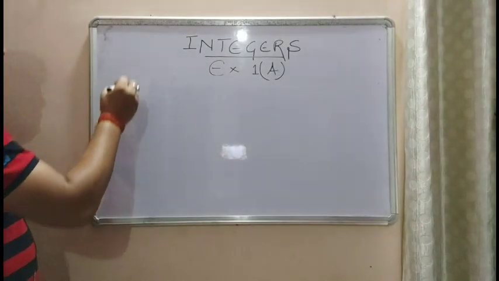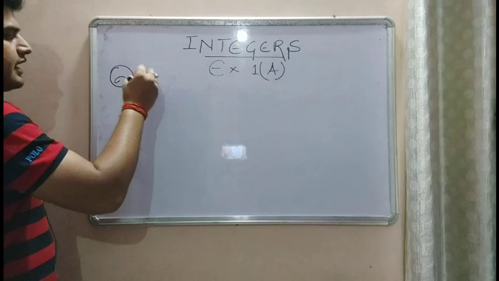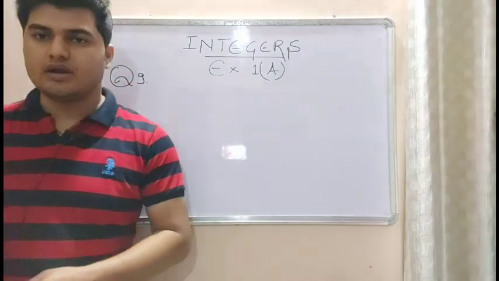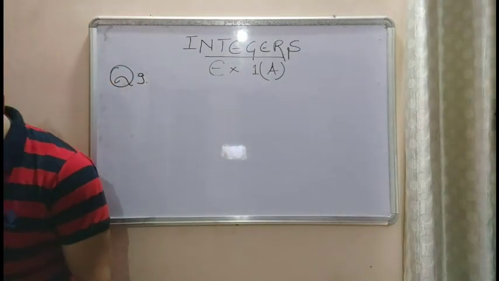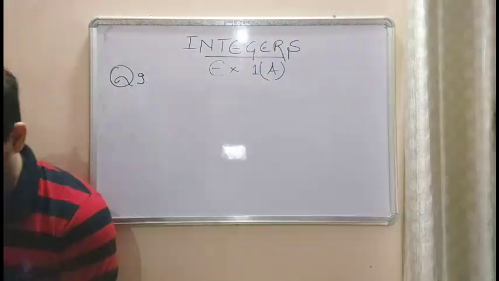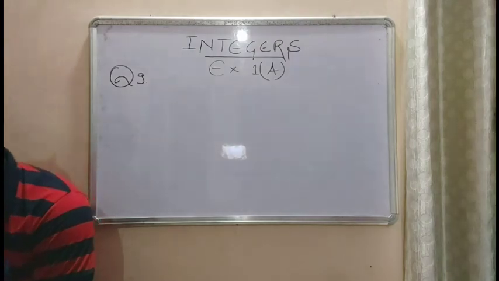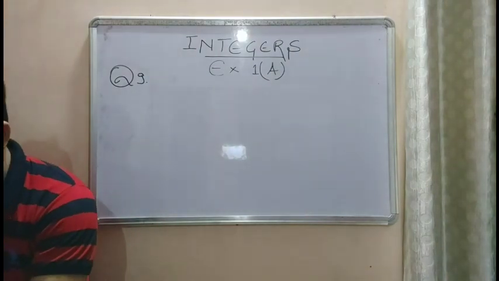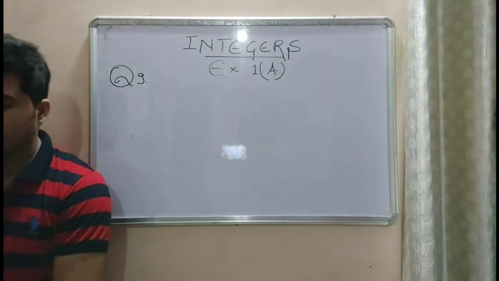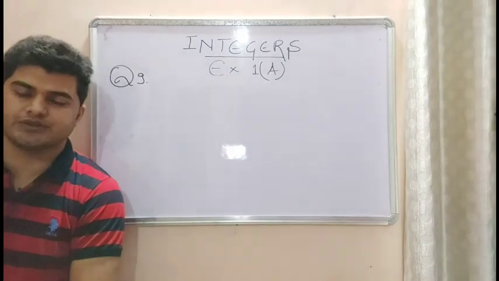Question number 9 is a word problem. In that there are statements. You have to first of all understand the question. So the question says that Ronak rode a roller coaster. He was at an elevation of 55 meters above the mean sea level. Mean means average.